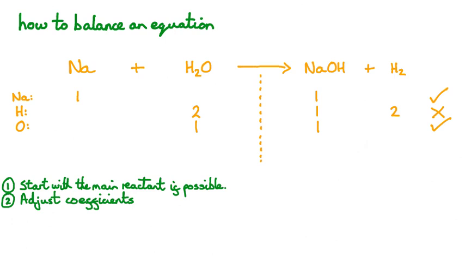Be mindful though that if you add a coefficient in front of water, for example, you're going to change the number of hydrogen atoms but also change the number of oxygen atoms. So after adjusting any coefficients, you should always go back and recheck the number of all of your atoms.